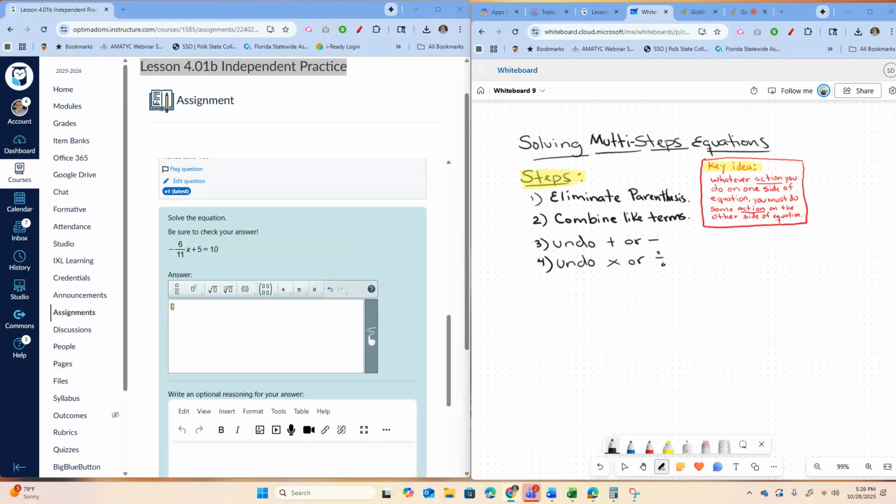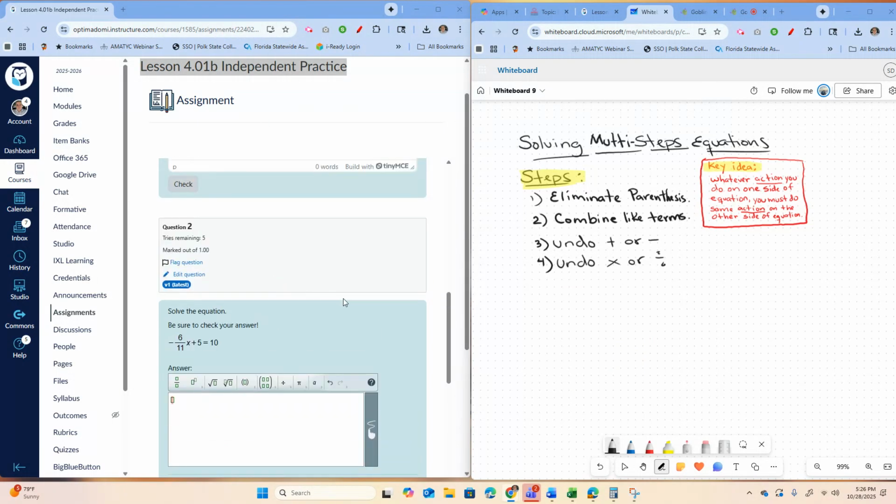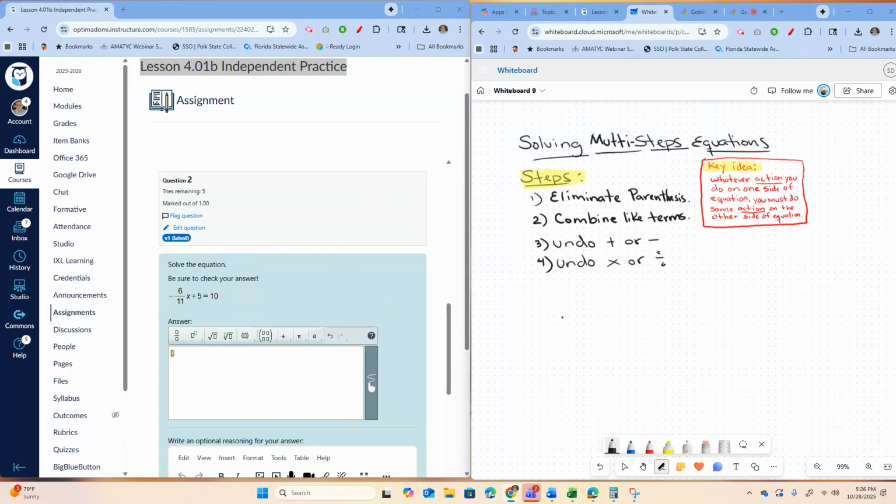Let's go to the next one. Here's problem number two. Now you're going to see there's going to be a fraction. No worries. We're still doing the same thing. So I'm going to change the equation. Let's say I have negative 5 over 13x plus 4 equal to 11.